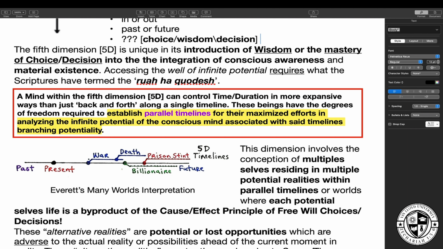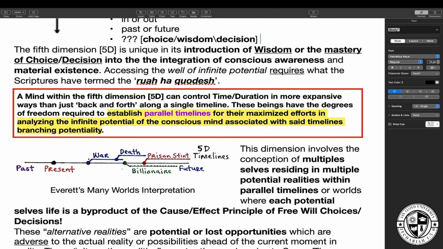Now, I'm not saying that this dimension is where the Ruach HaKodesh resides. I'm just saying that this is the realm of existence that man has to at least touch, on a brief basis, if not consistently, in order to get access to the Ruach HaKodesh, or union with the Spirit. You see what I'm saying?